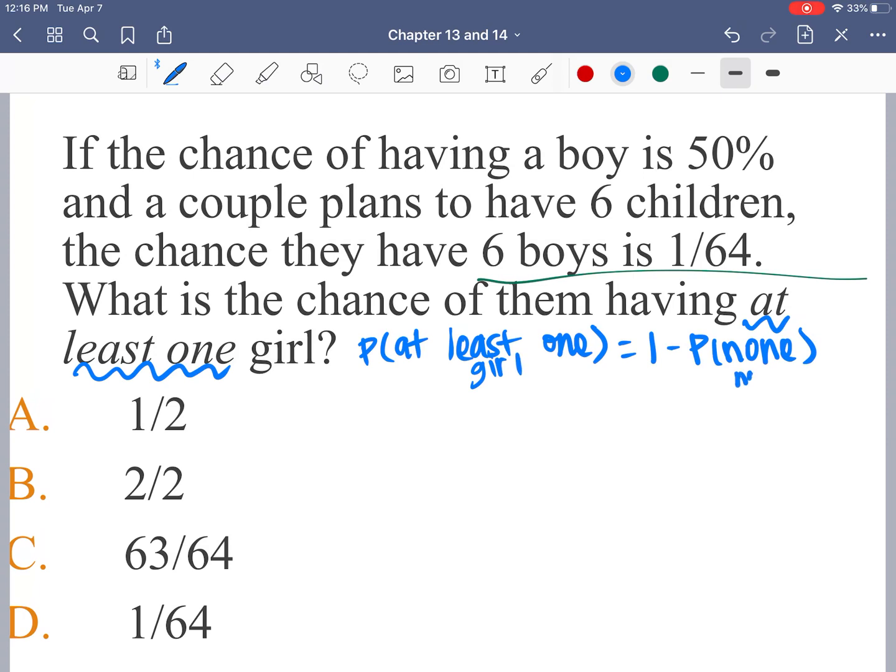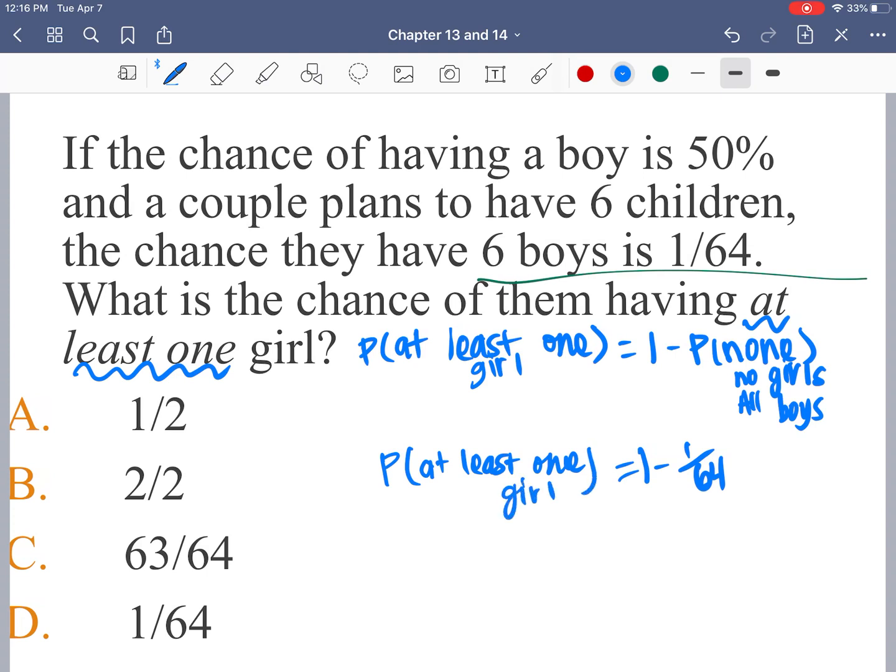Well, at least 1 girl, the opposite of that is no girls, which means all boys. So we already know the probability of none, or the probability of all boys. It's 1 out of 64. So the probability of at least 1 girl is 1 minus 1 out of 64, which is 63 out of 64.